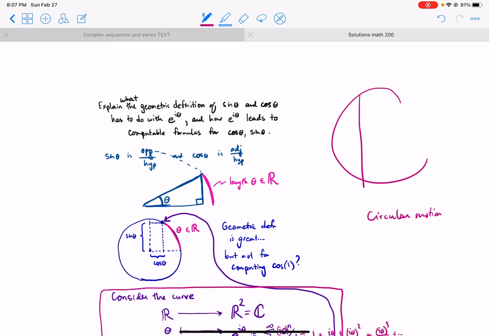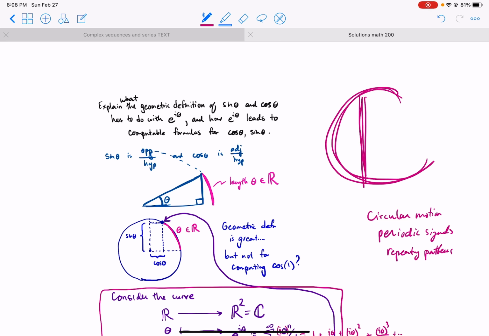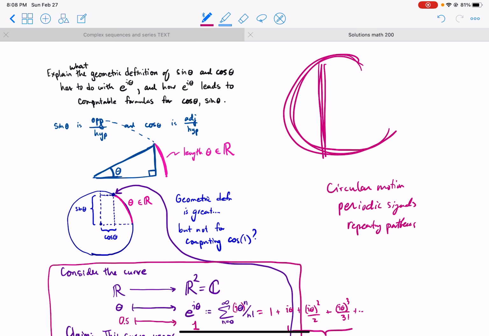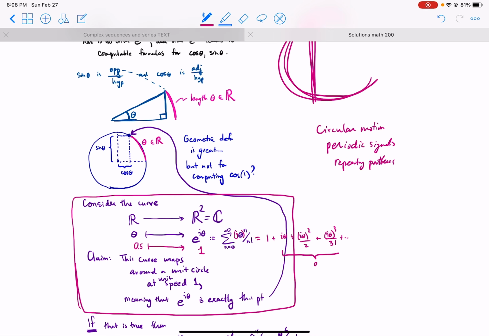They have everything to do with periodic motion, periodic signals, repeating patterns, because the circles are just built into the complex numbers. And this is a great example of that. Okay? That means we can actually compute things.